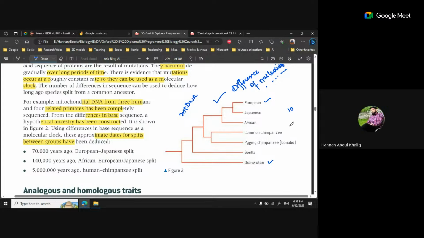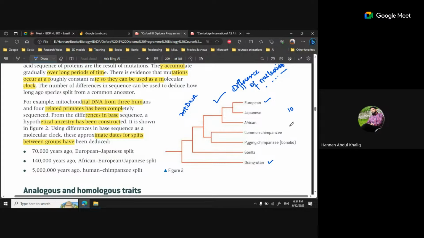It means if there are 10 different nucleotides between the orangutan and European man, they appeared almost 25,000 into 10, that would be 250,000 years back.